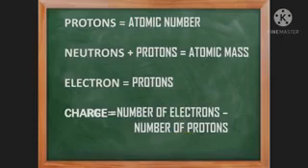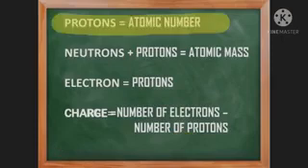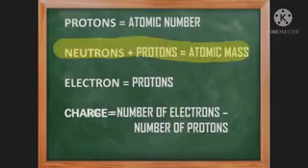Again, atomic number is equal to the number of protons. Atomic mass is equal to the mathematical sum of the number of protons and the number of neutrons. Therefore, to get the number of neutrons, you must subtract the number of protons from the atomic mass.